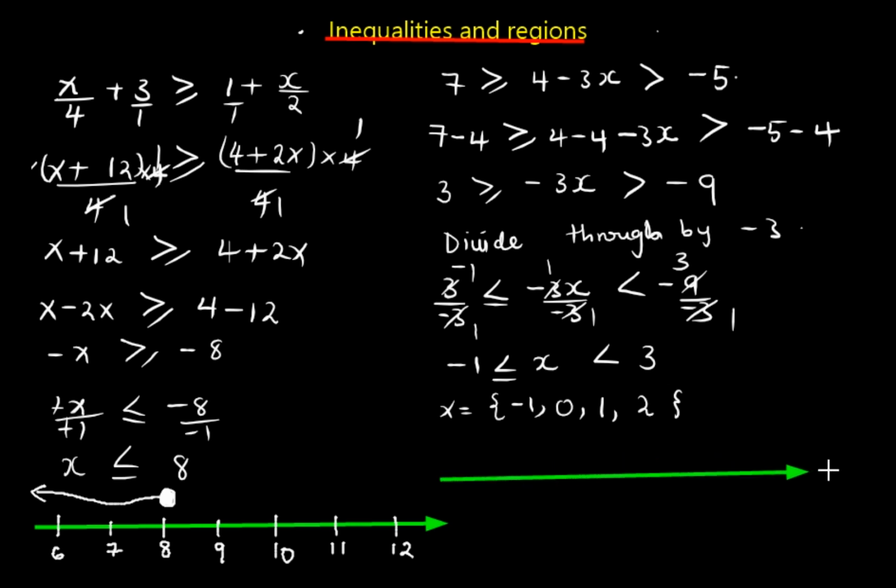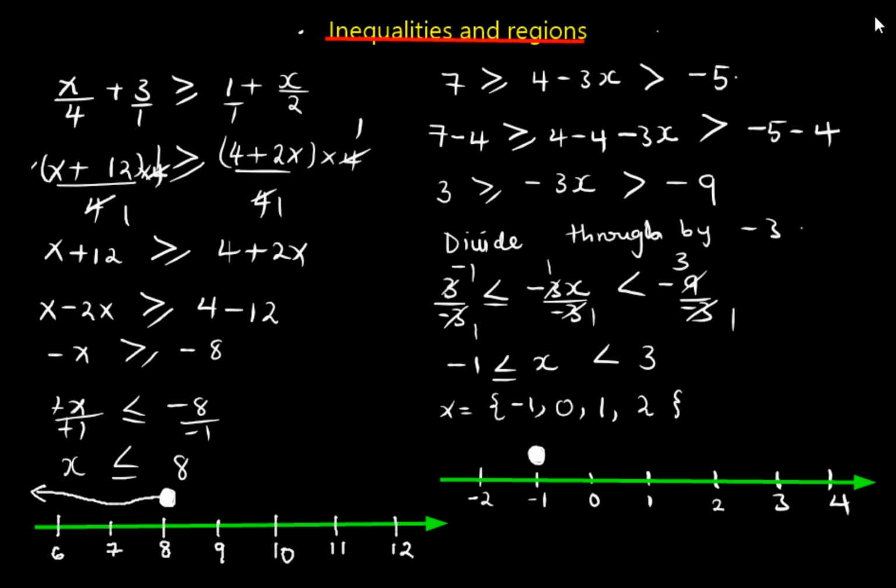And remember, they told us to represent everything on the number line. So that is negative 2, negative 1, 0, 1, 2, 3, and 4. Remember, negative 1 is inclusive, therefore we draw a closed circle.